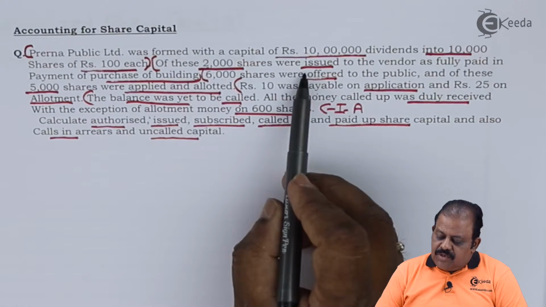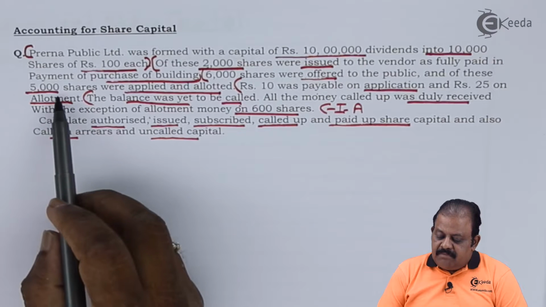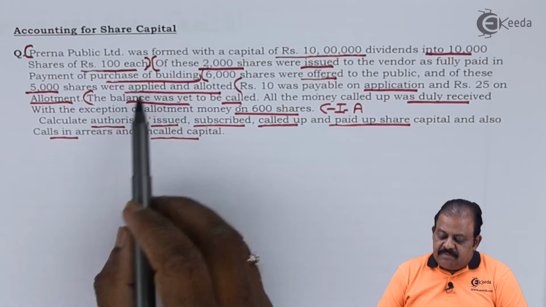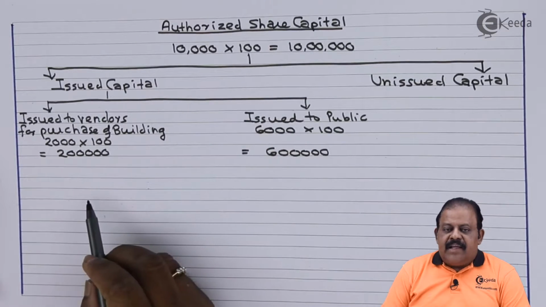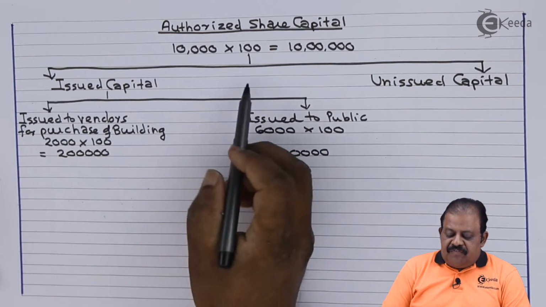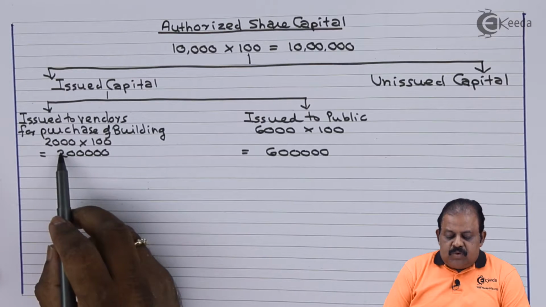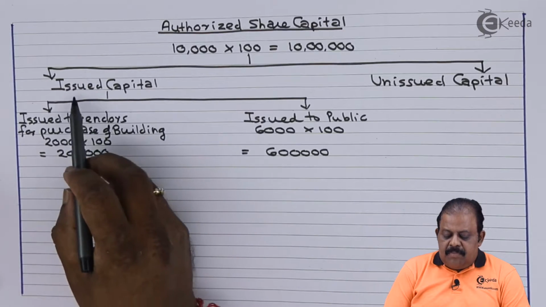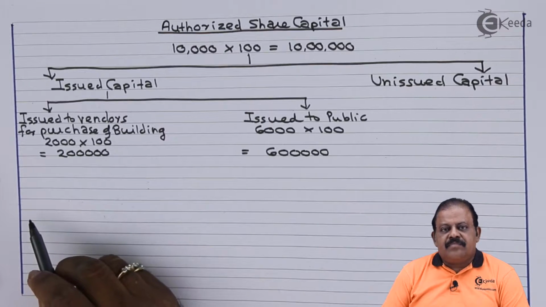Of these, 2,000 shares were issued to the vendor as fully paid for purchase of building. The company's authorized share capital is 10 lakhs, of which the company has issued 2,000 shares for purchase of building. This will be part of issued capital, that is 2 lakhs.